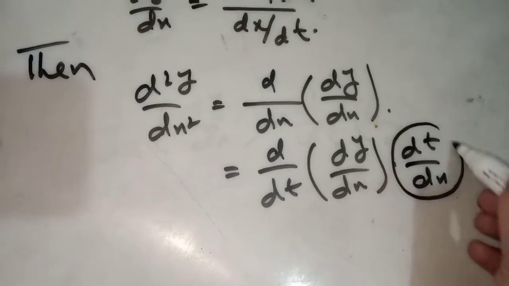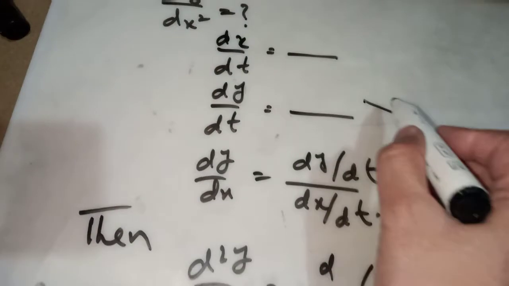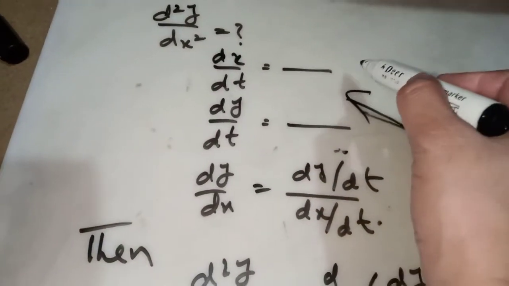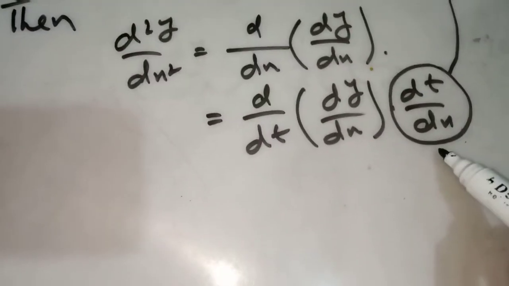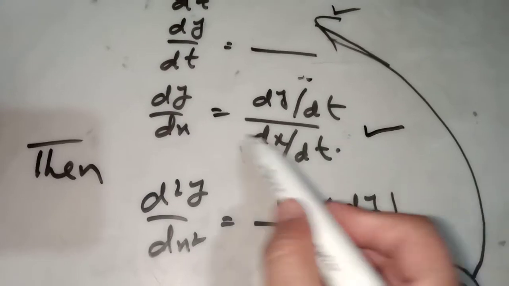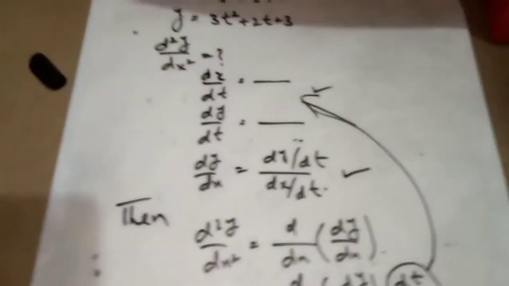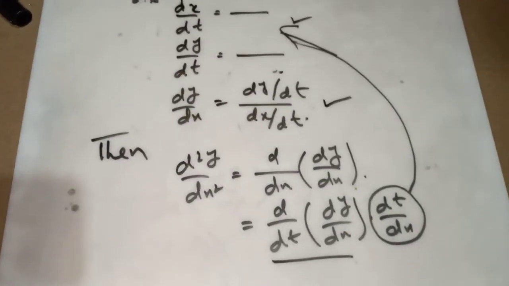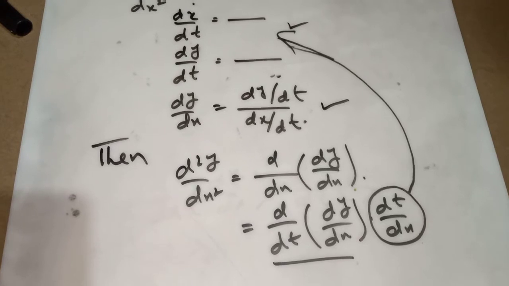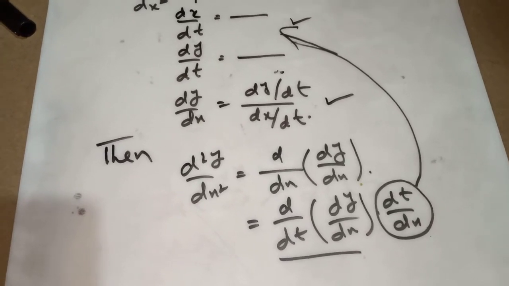This value can be found from this derivative right here. We take this value and put it right here, and this answer is differentiated with respect to t. Now you can see that this method is very lengthy and will take much time, so it is not very favorable. Today we will discuss a very short method for finding the second order derivative.